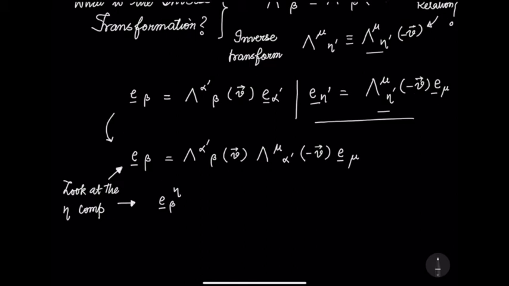That was my shorthand notation. And remember, this we have argued is just the Kronecker delta. And what do I have in the right hand side? The right hand side is lambda alpha prime beta, and the eta component of this will again be a Kronecker delta.